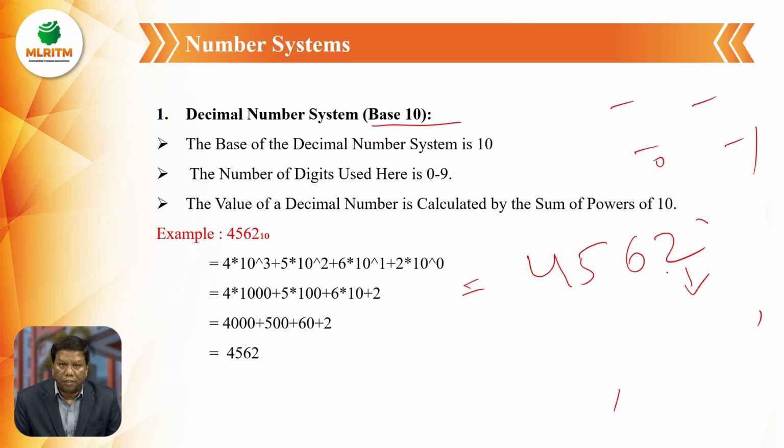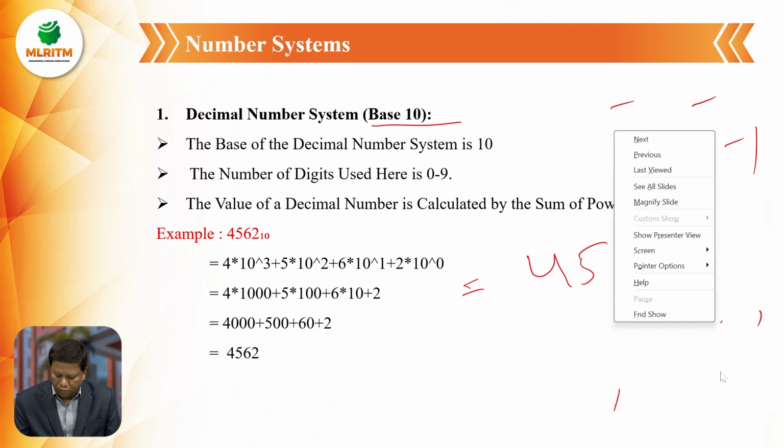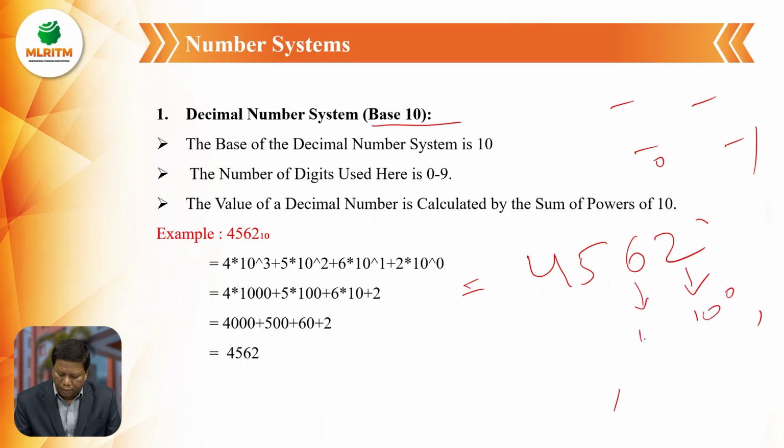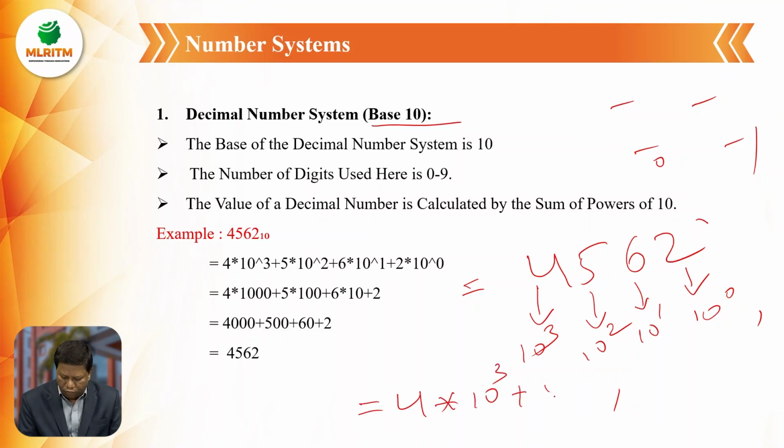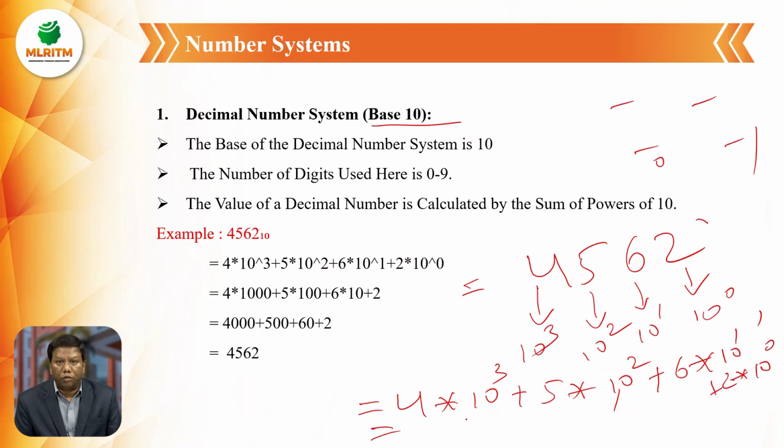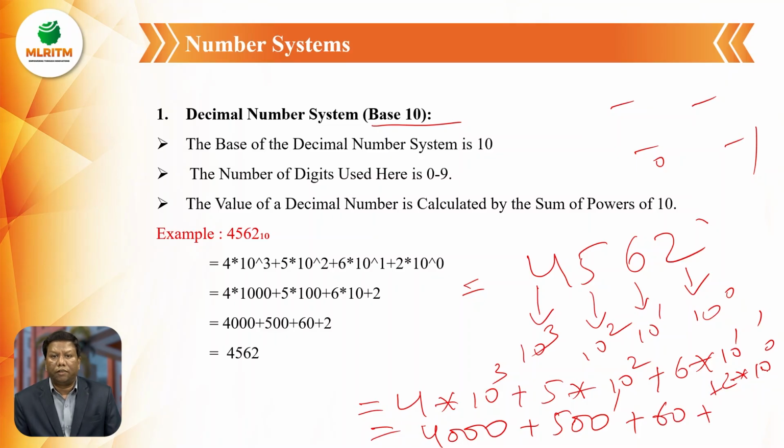The decimal number is calculated as the sum of powers of 10, meaning 10 power 0, 10 power 1, 10 square, 10 cube, multiplied as 4 into 10 cube plus 5 into 10 square plus 6 into 10 power 1 plus 2 into 10 power 0. 10 cube is 1000, so 4 into 1000 is 4000, plus 5 into 100 is 500, plus 6 into 10 is 60, plus 2 into 10 power 0, which is 1, so 2.